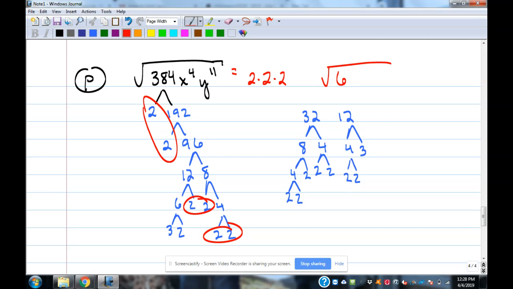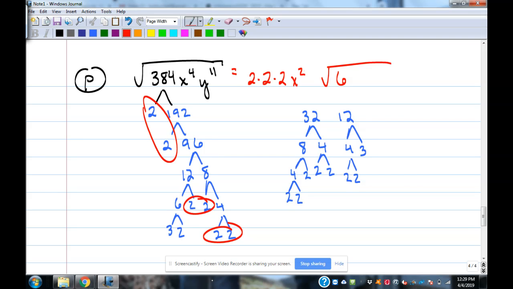It wasn't quite as long maybe doing it this way as it was the way I did it, but you still end up with the same end result. 3 pairs of 2s. Okay? How many times will 2 go into 4 for the x to the 4th power? 2 goes into 4 twice, so that's x squared.